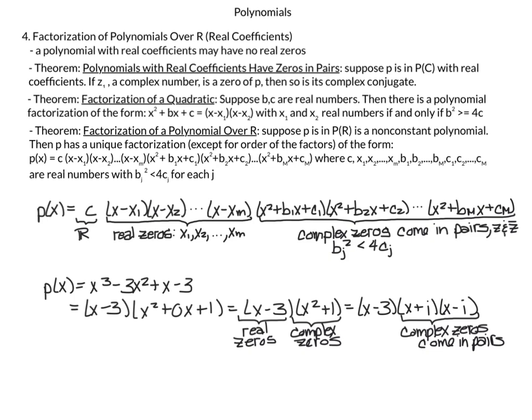And using the same example, p(x) equals x cubed minus 3x squared plus x minus 3, that factors into x minus 3. This is where our real root comes in, times a quadratic term where b squared is less than 4c, and that's where our complex roots come in. So this is an example of what this form looks like.